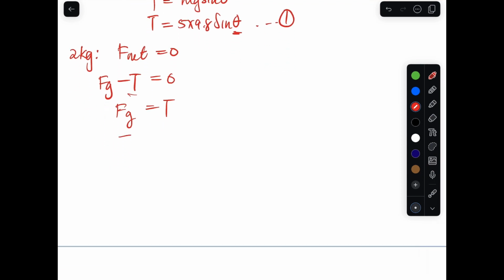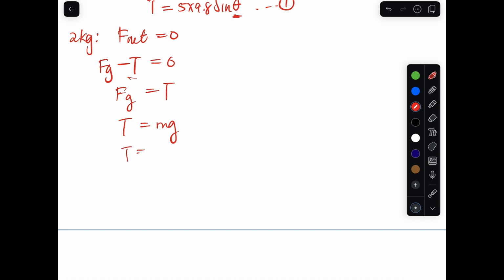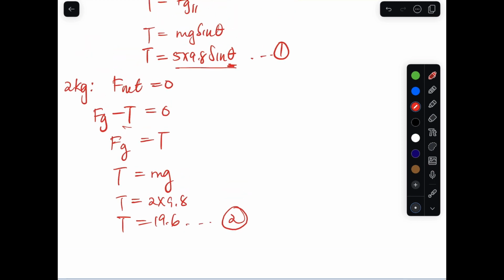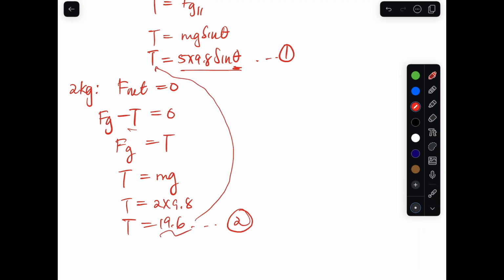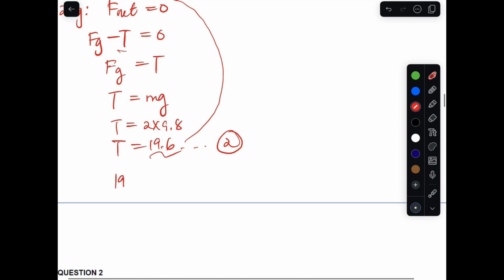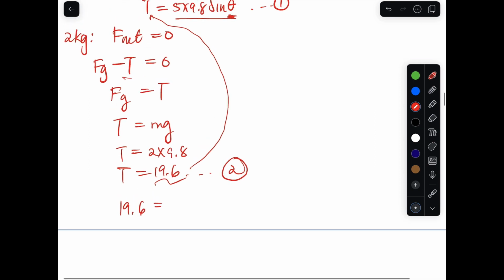So T is equal to mg, and then T is equal to 2 times 9.8, which is 19.6 N. That's equation 2. And then we have equation 1 and equation 2. So we're going to sub this into T there. So we're going to have 19.6 is equal to 5 times 9.8 sine theta.